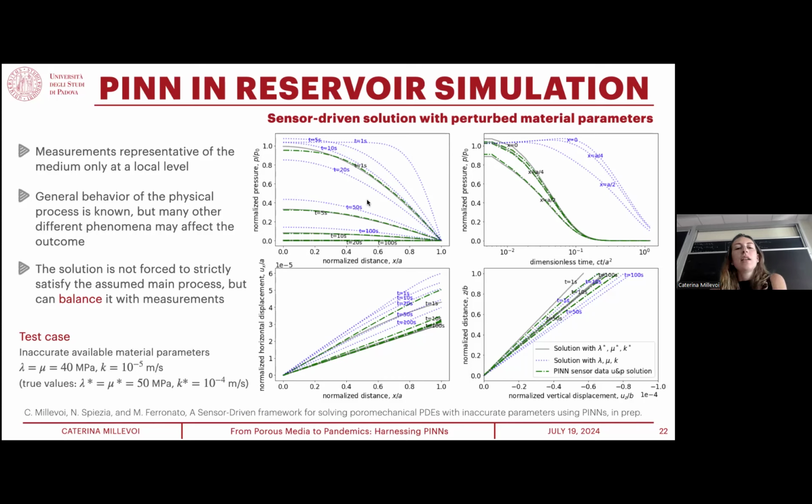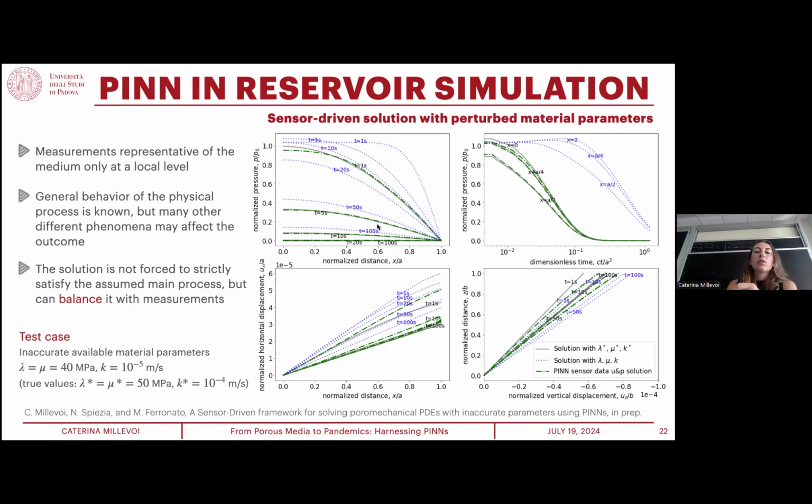So the plots represent this. The gray lines are the actual solution of the differential equations given the true values. The blue lines instead are the solution of the differential equation with the inaccurate parameters, so the ones of the residual that we use to train it.